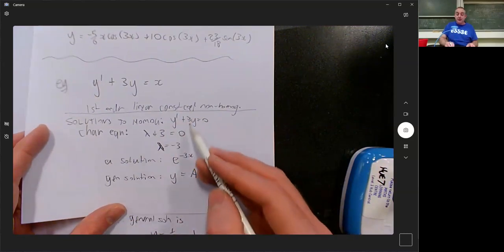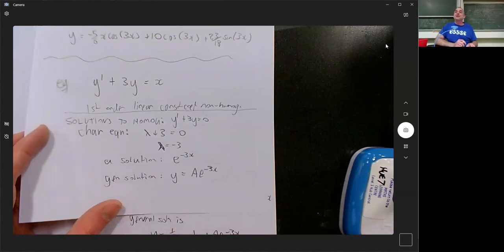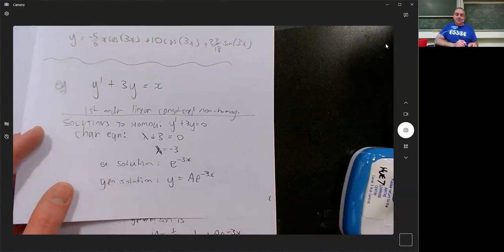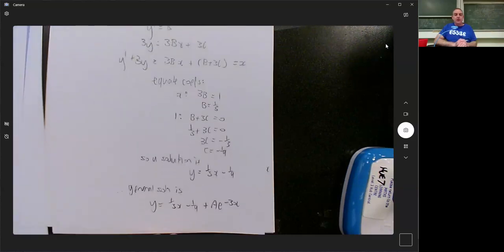They go directly from here to here, which is kind of interesting. Just point that out. Yeah, so that's just what I wanted to show you, that you can do equations like that via the same methods as doing constant coefficient DEs for second order.